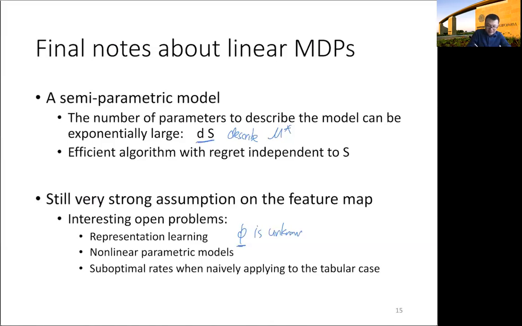So basically, when you do the naive conversion, and d is equal to S, the results of linear MDP typically depend on d square root of S, but the optimal rate in the tabular case is square root of S times T, where T is the number of steps, or number of episodes, right? So you're resulting in a square root of S additional dependence on S. So this problem is also not resolved.